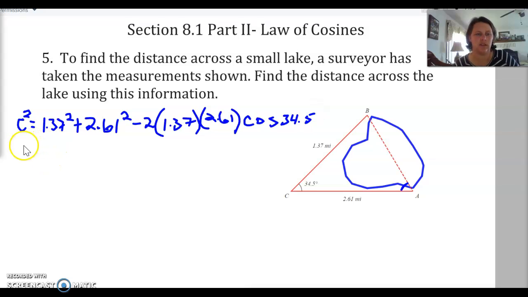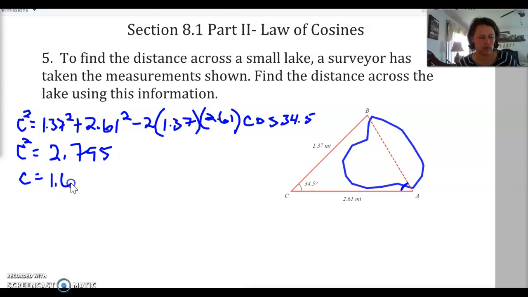So enter all of that into your calculator. I'm going to pause here just for a second because I have not calculated all of this and I'm about out of time. Okay, so I got C squared is equal to 2.795, and then take the square root of both sides, and we end up with C is equal to 1.672, and that's in miles across the lake. All right, and so that's all for our first video.